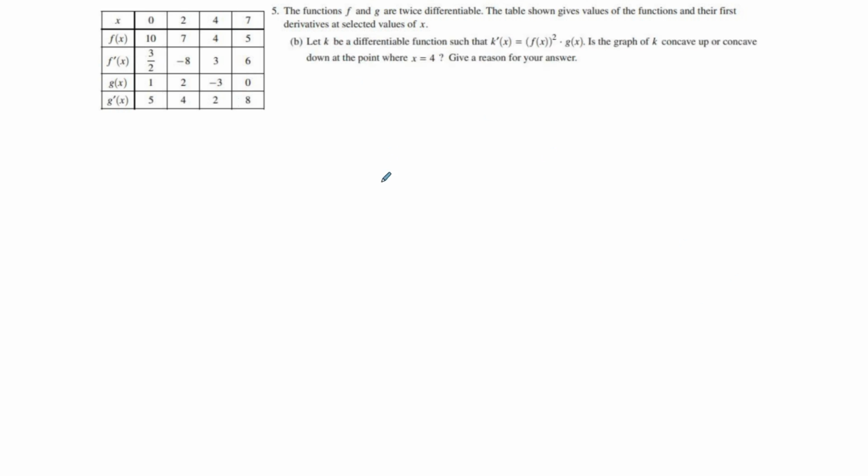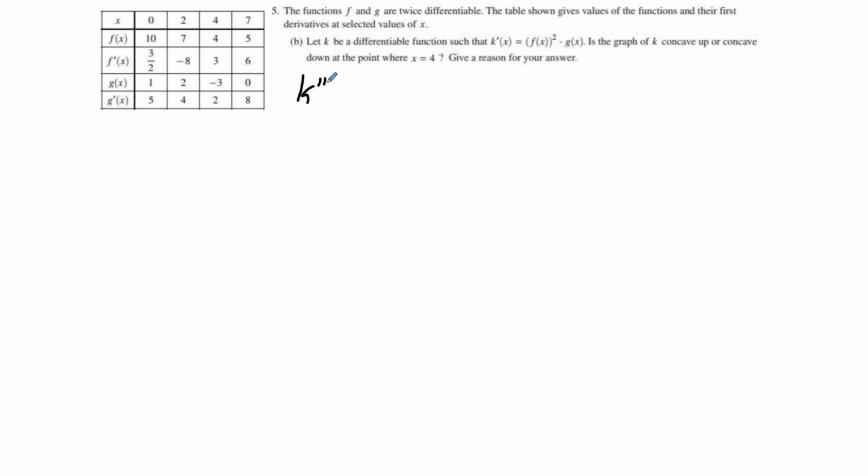And so then it says, let k be a twice differentiable function such that k prime of x equals f of x squared times g of x. Is the graph of k concave up or concave down at the point where x equals 4? So we literally just need to differentiate this function because we need to find k double prime of x in order to determine concavity.